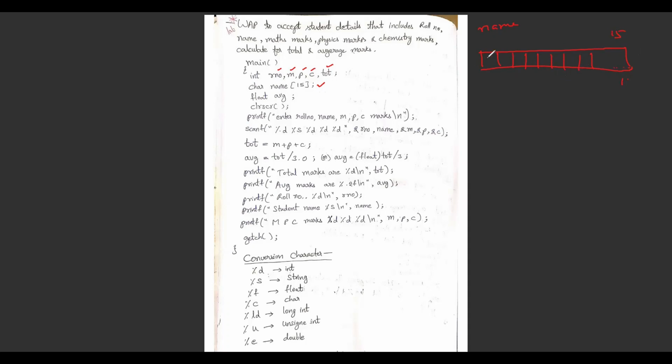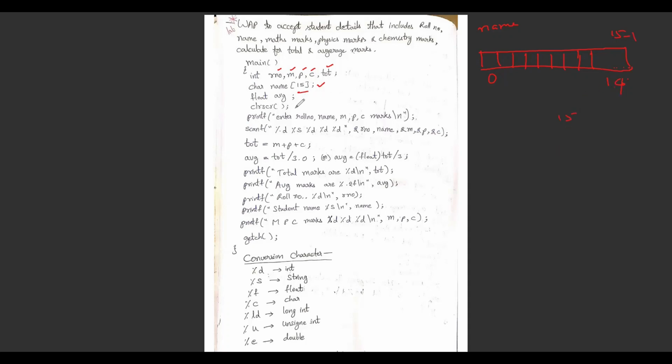Internally this is called a character array. An array is nothing but a way to store more values into a single variable by expanding like this. Size will be allocated from 0 to size minus 1. What is the actual size? 15. So 15 minus 1 is 14. So 0 to 14, which is nothing but 15 characters.